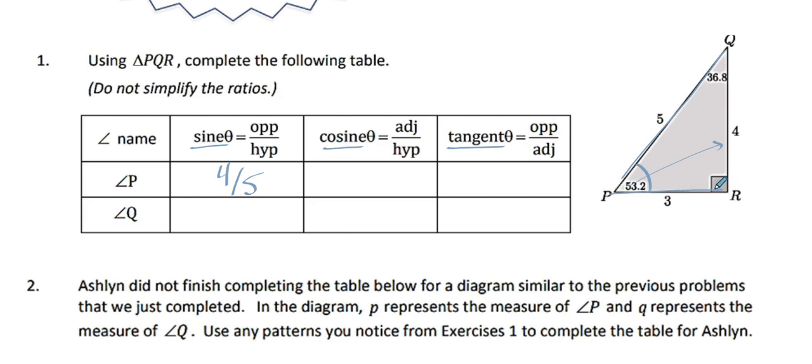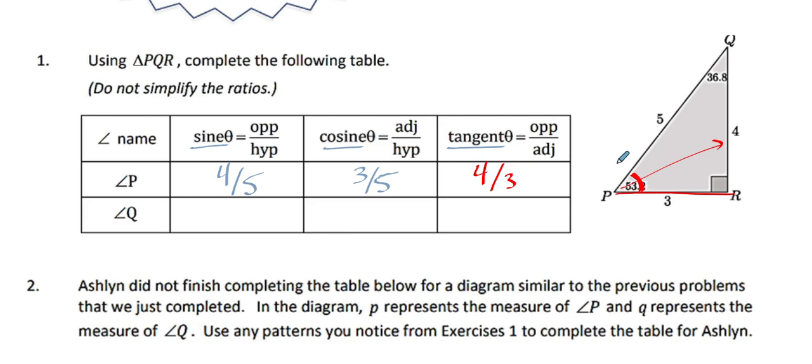Cosine is the adjacent side over the hypotenuse. That one's 3 over 5. And then tangent is the opposite side over the adjacent side, so that's 4 over 3. So that's using this as my angle of reference.